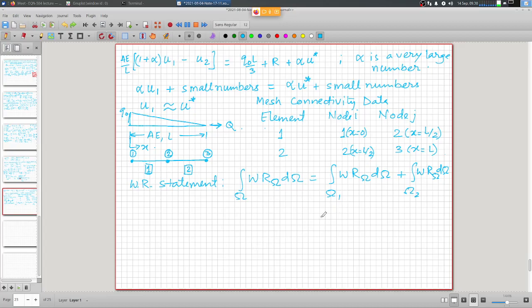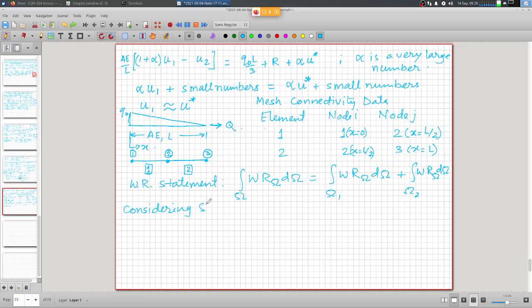Both of them are independent of each other. That's important to note. Whatever we do in element 1 is independent of whatever we do in element number 2. So these statements can be treated independently of each other, and then the contributions can be added up to make up the whole.